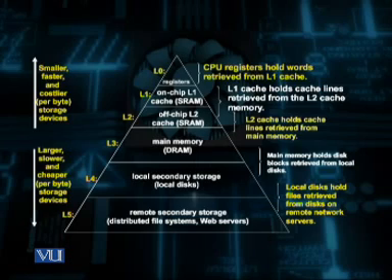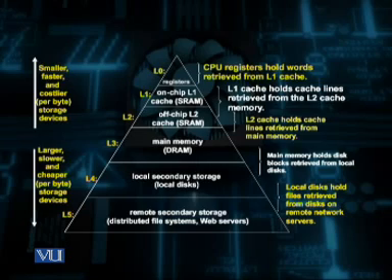The local secondary storage is one which is very close to the processing system, that is usually inside the body of the computer, and this type of storage is available in the form of floppy disk or hard disk, or nowadays the compact disk, that is the CD-ROM devices, etc. Whereas the next higher level is the remote secondary storage devices, and these are in fact the distributed file systems such as the web servers, etc.